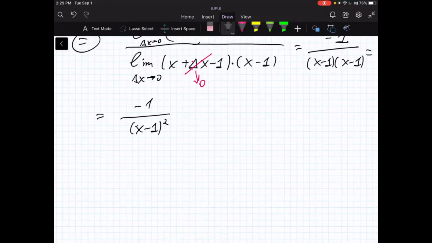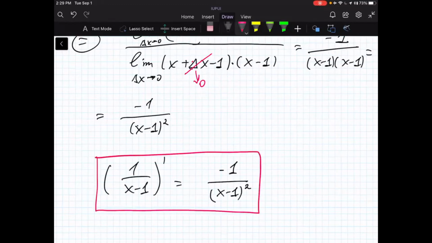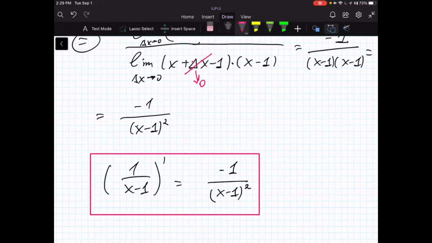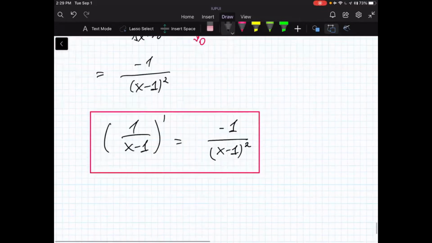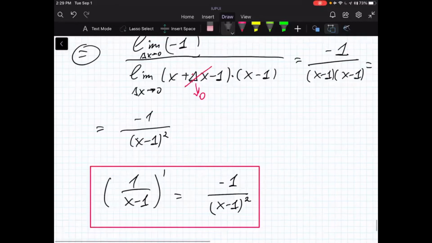So I get that the derivative of 1 over x minus 1 is -1 over x minus 1 squared. And the last step, because the initial question was to find the derivative at the specific point, at point 2.